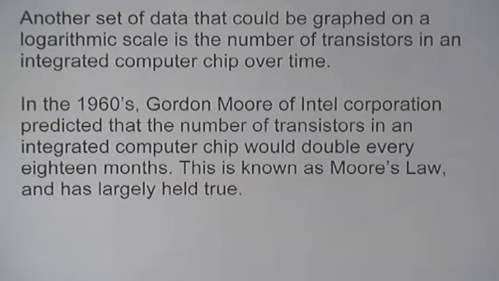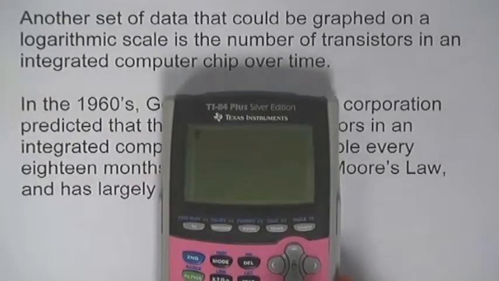So let's just say that in the 60s there were 100 transistors in a chip. If that doubles every 18 months, then in 18 months it'd be up to 200. Another 18 months, 400, 800, 1600.